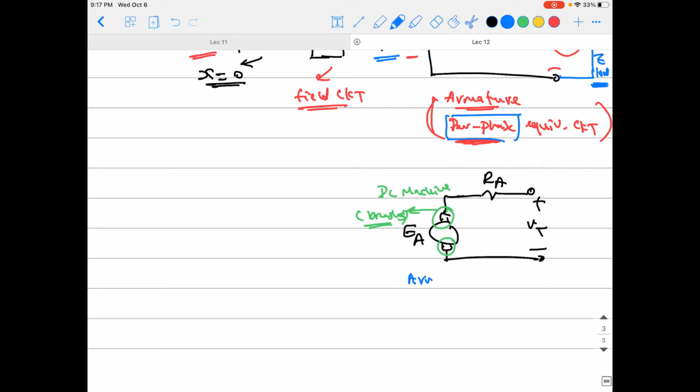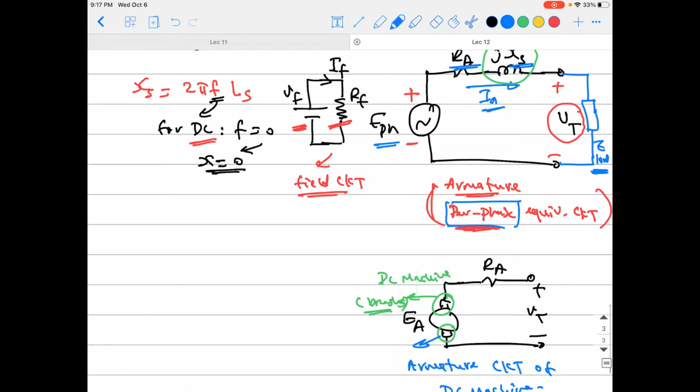And if you remember, the armature of the DC machine was the rotor, not the stator. So the voltage of the armature in a DC machine is collected using brushes, because if you want to collect voltage from a rotating member, which is the rotor, you have to use the brushes. You do not have anything else to do.